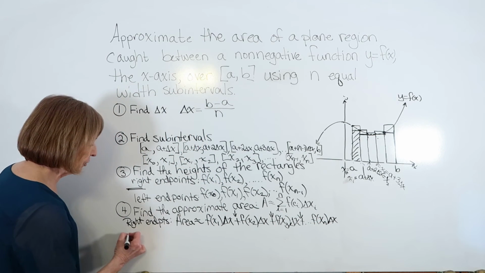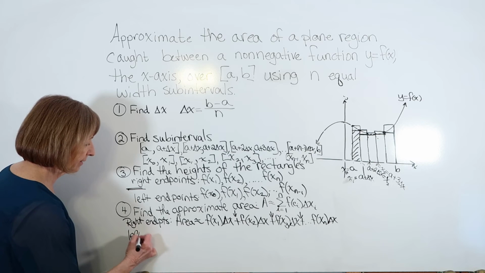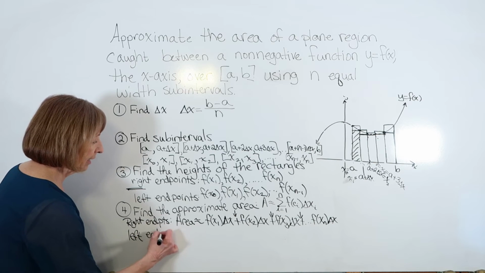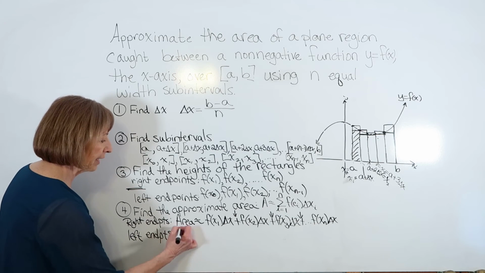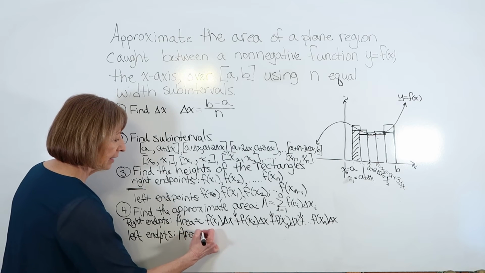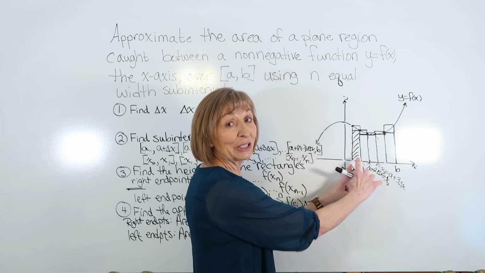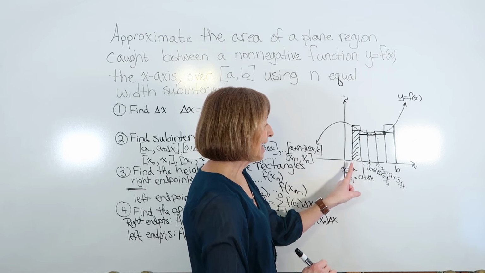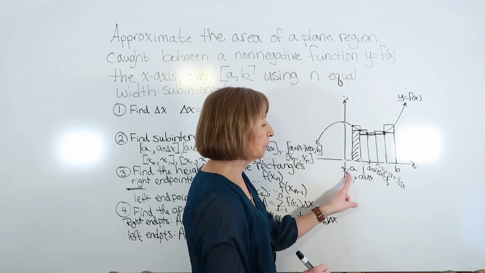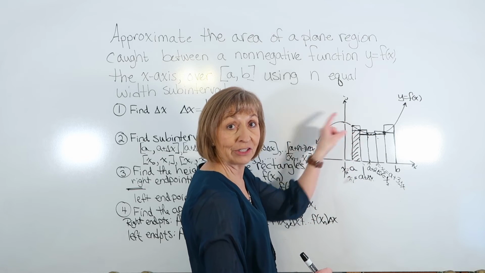Okay, now if we were going to do the left endpoints, then for the left endpoints, your area is approximately, well, look at your first subinterval, look at your left hand, and the very first one put through was the x sub 0 through the function to get the height.